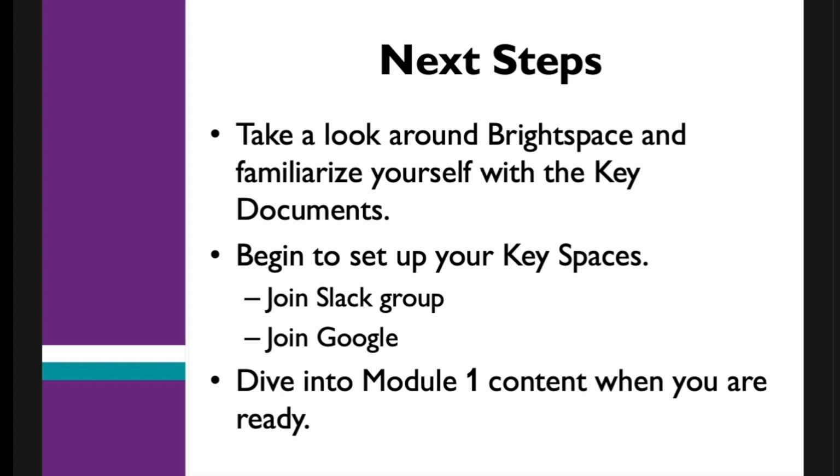Next, you will want to set up your key spaces. You'll need to create your individual Google Drive account if you do not have one already. You should also join the course Slack group. There are directions posted in the Essential Information module on Brightspace. Finally, when you feel ready, dive into the Module 1 content and begin to engage in the Watch, Read, Share learning loop.